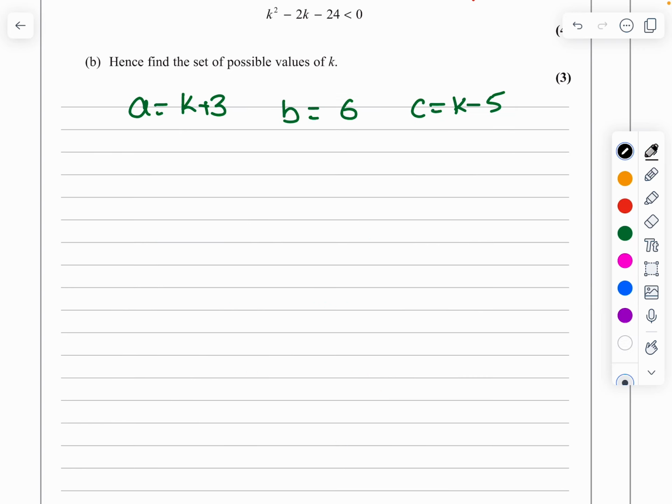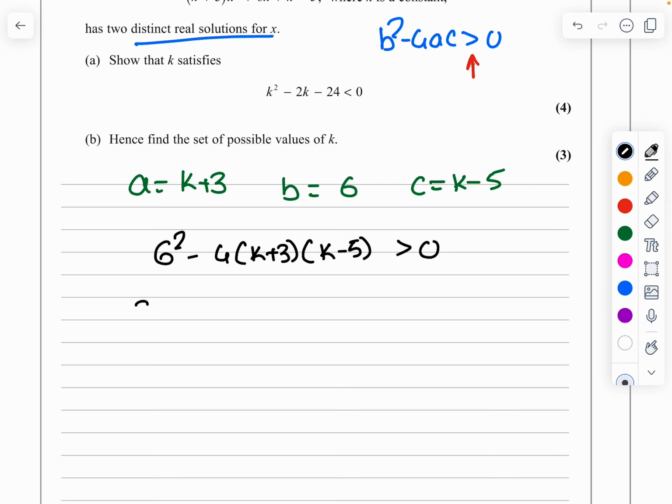Neatly do that. b square minus 4 times k plus 3 times k minus 5 is greater than 0. So 36 minus 4 times k square plus 3k minus 5k minus 15 is greater than 0.